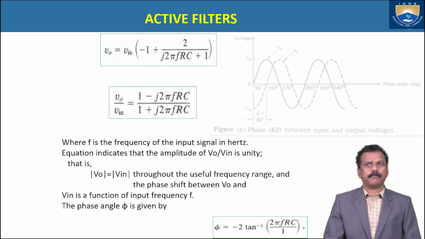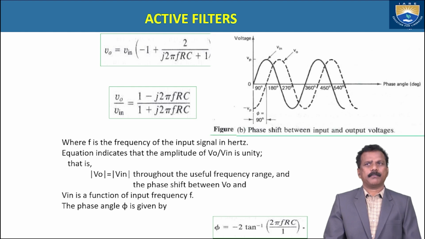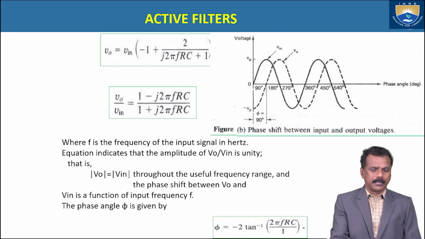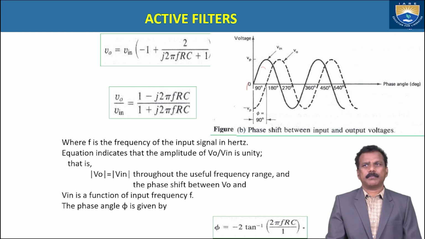Like this, we verify the phase shift between the input and output voltages. We need to verify how the phase shift changes, with phase angle versus frequency, between input and output voltages.